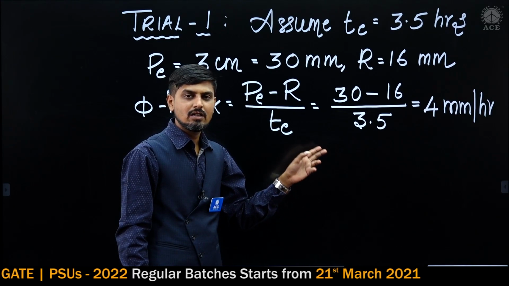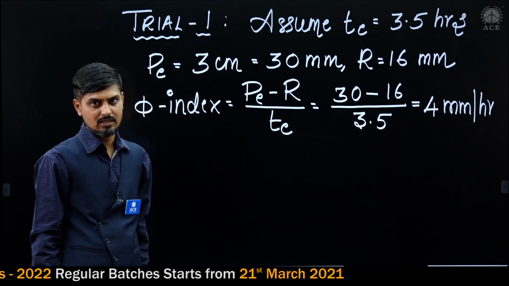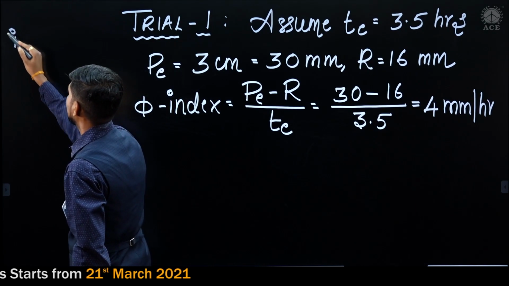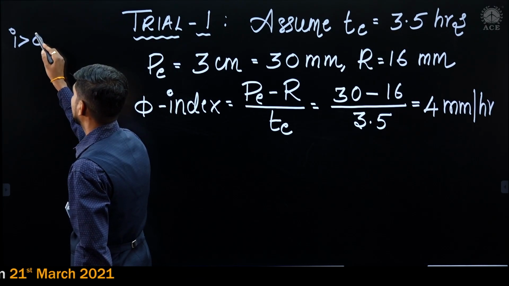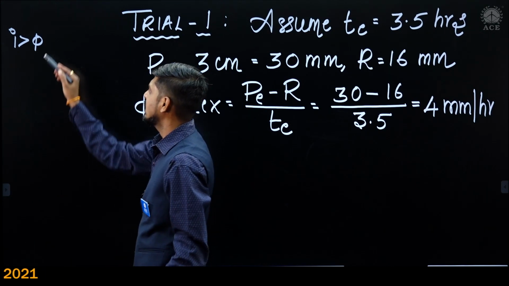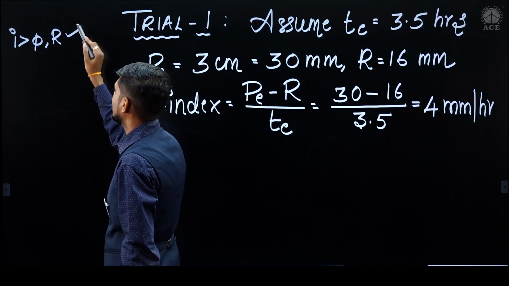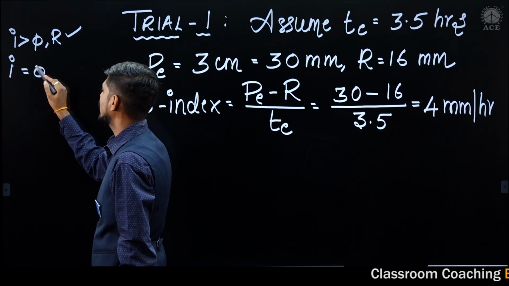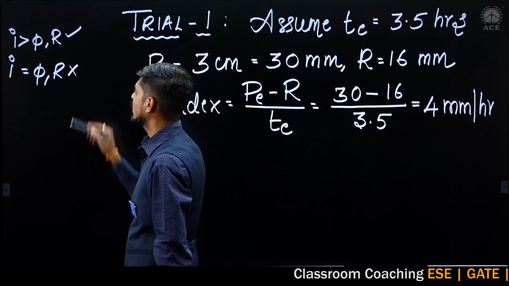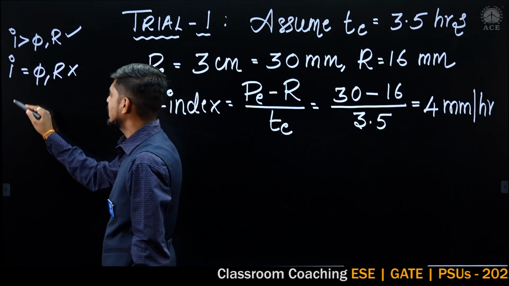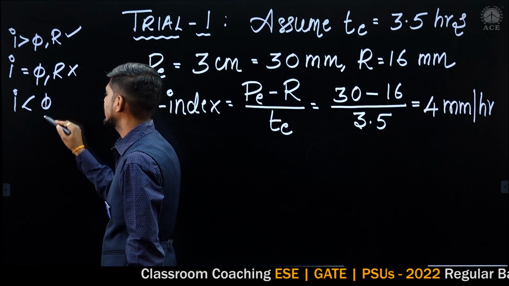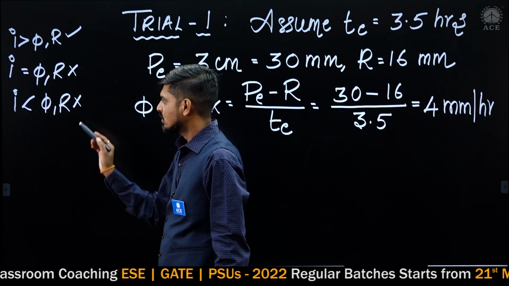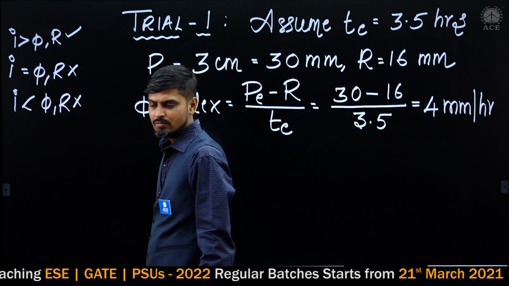To check that, you have to compare with intensities. We know one rule: if intensity of rainfall is greater than phi index, then runoff is observed. If intensity of rainfall is equal to phi index, there will be no runoff. If intensity of rainfall is less than phi index, then also there will be no runoff. These things you should know.